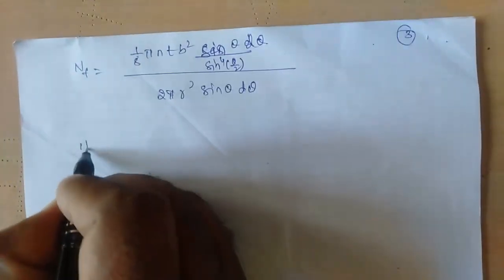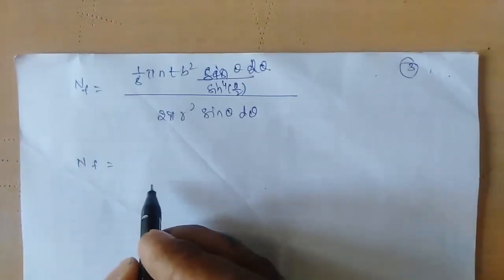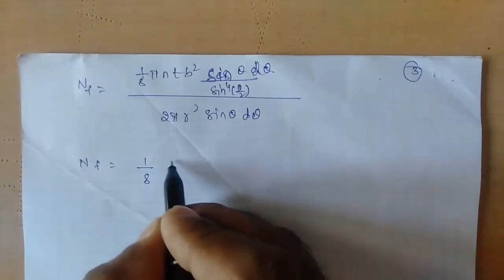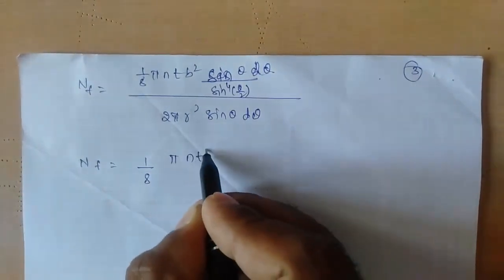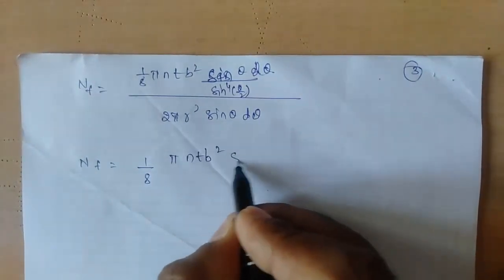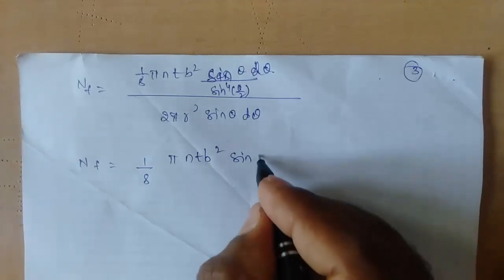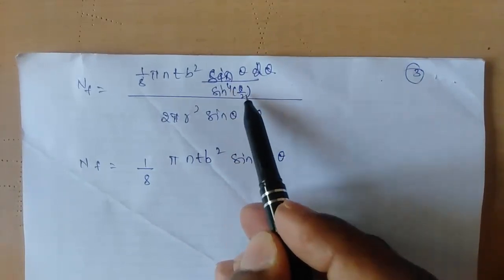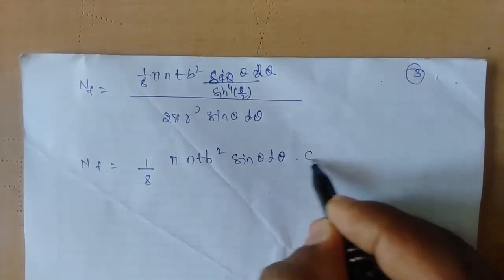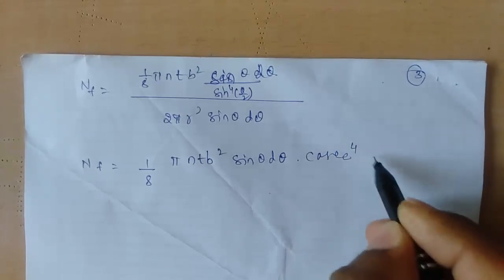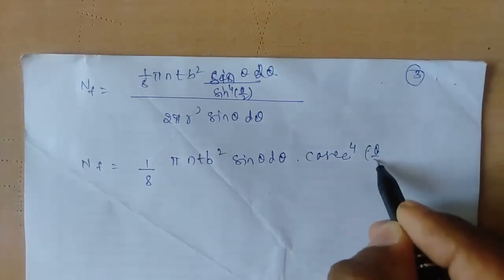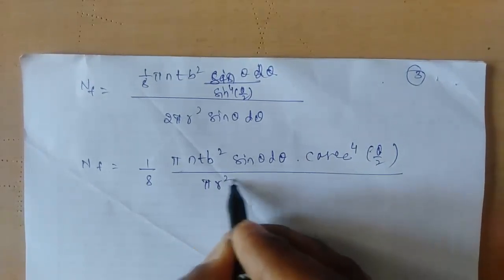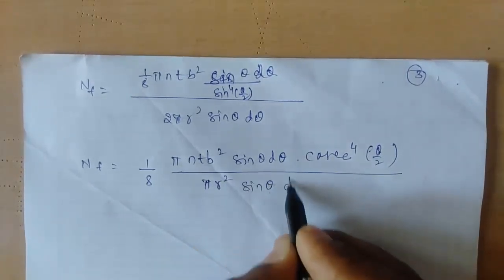Now if I simplify this, nf is equal to, I'll take this 1 by 8 here, pi n t into b square into sine theta into d theta. Here we have 1 divided by sine to the power of 4 into theta by 2, so that can be written as cosecant to the power of 4 into theta by 2, the whole divided by pi r square into sine theta into d theta.